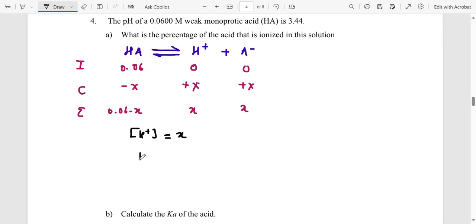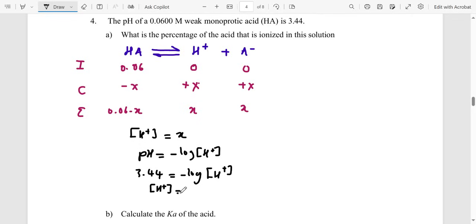And you know that pH is equal to negative log of the concentration of hydrogen. The pH has been given as 3.44. That is going to be equal to negative log concentration of hydrogen. Divide through by a negative and then come to find the concentration of hydrogen. So the concentration of hydrogen is going to be 10 to the power negative 3.44. You first divide by a negative and then you convert it to exponential.